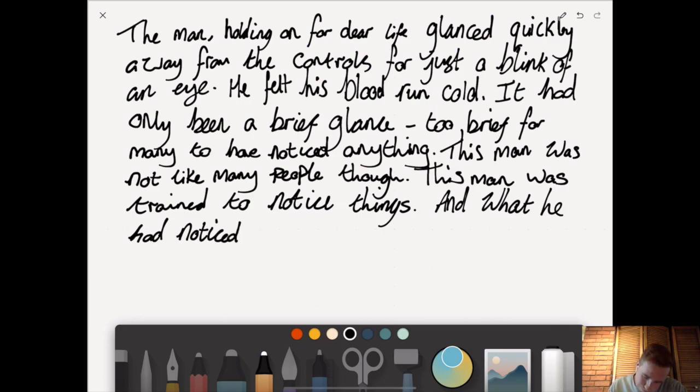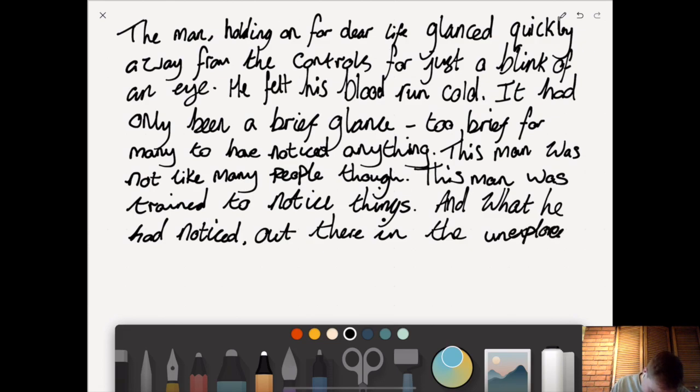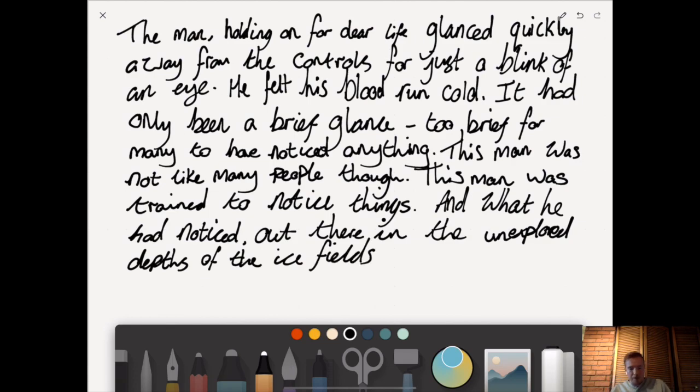Out there, in the unexplored depths of the ice fields. What he had noticed had been a figure.